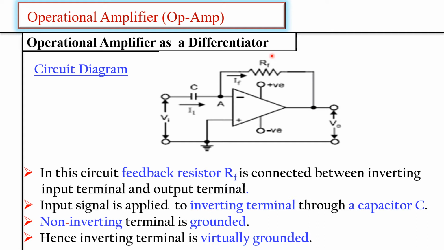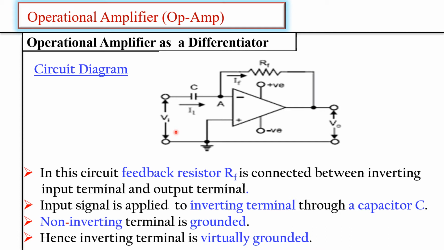So using this differentiator circuit we will get the rate at which the input signal is changing. Now let us understand how we can design this differentiator circuit using an op-amp.